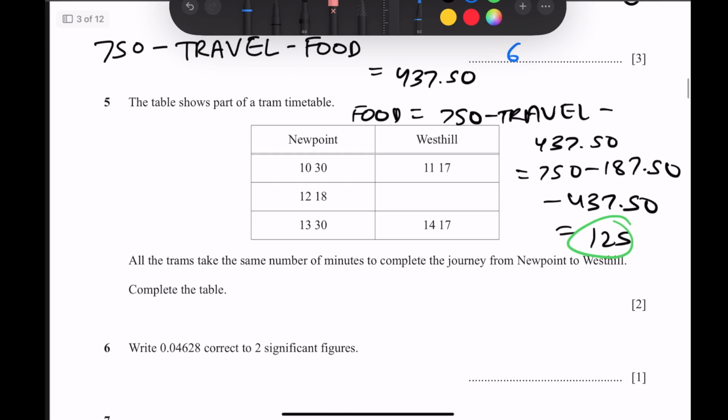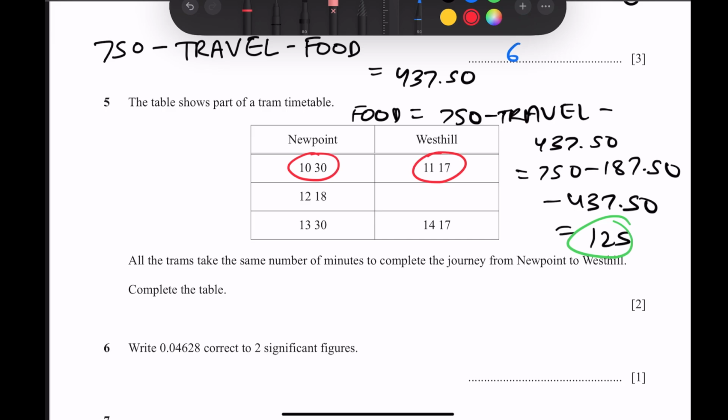Now, question 5 says the table shows part of a tram's timetable. All the trams take the same number of minutes to complete the journey from New Point to West Hill. Complete the table. So if you subtract the times when the train leaves New Point from the times when it reaches West Hill, this difference is the amount of time spent on the journey itself.